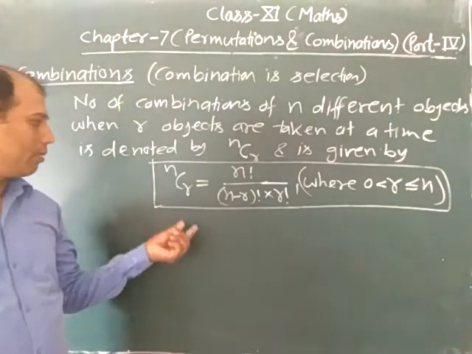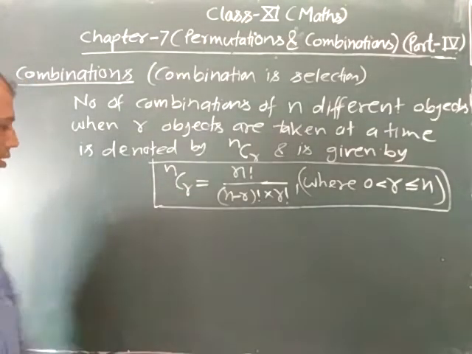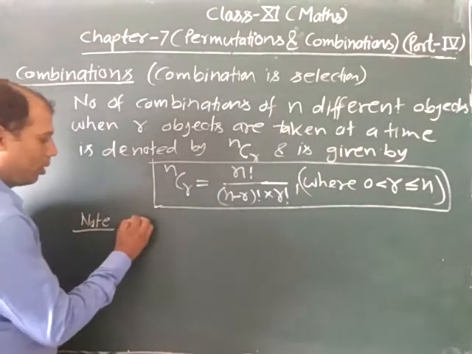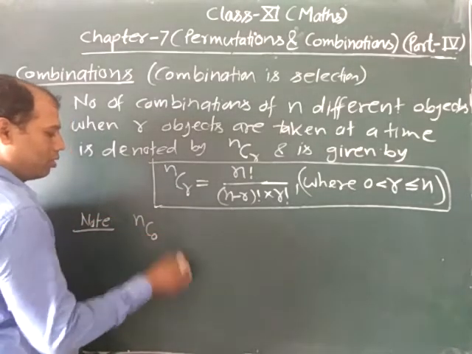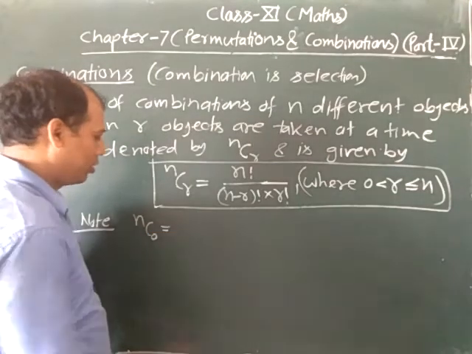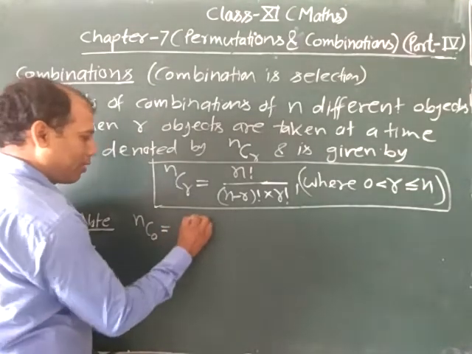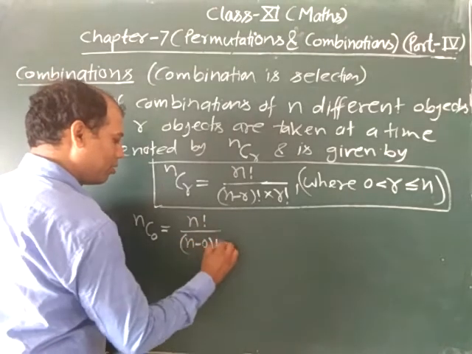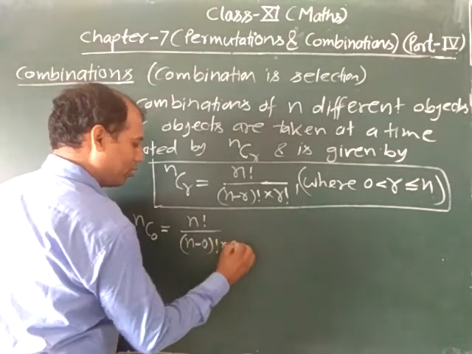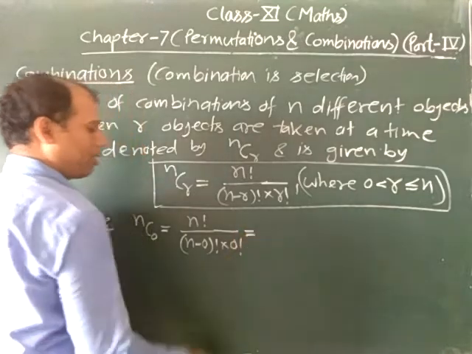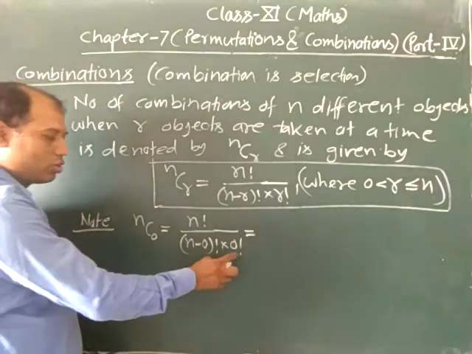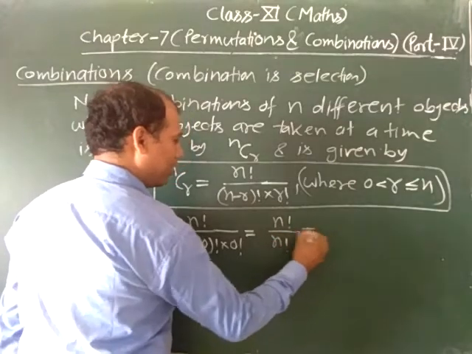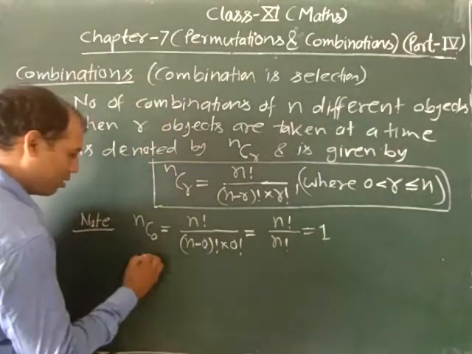Now we find some results from this formula. If we calculate the value of nC0, then what is this? Factorial n by factorial n minus 0 into factorial 0. And all of you know that the value of factorial 0 is taken as 1. So this becomes factorial n by factorial n, which is equal to 1.